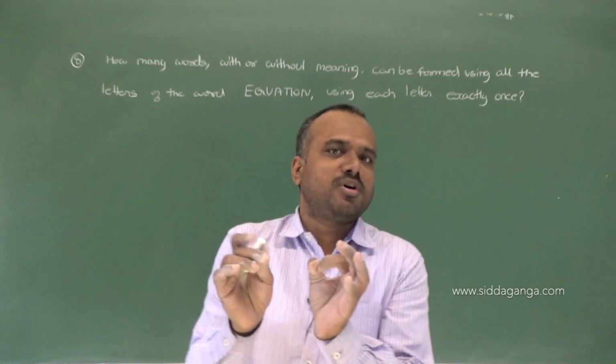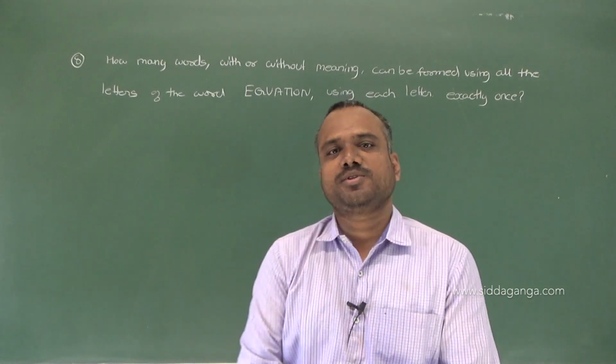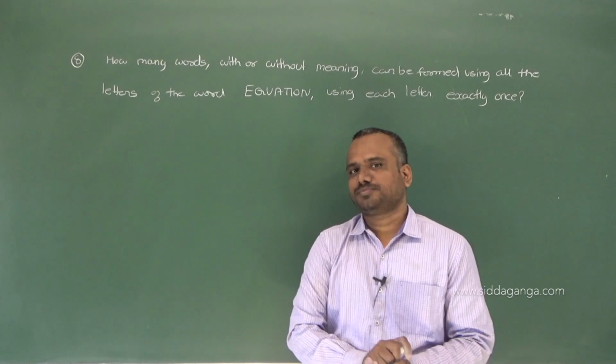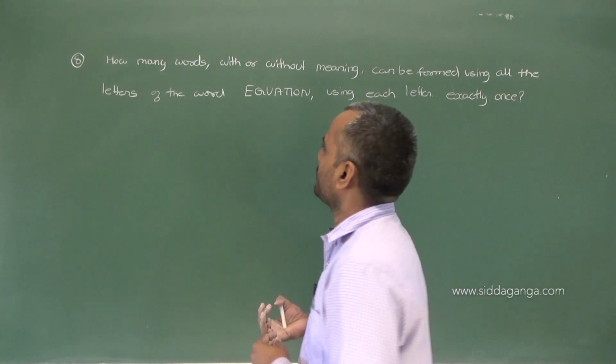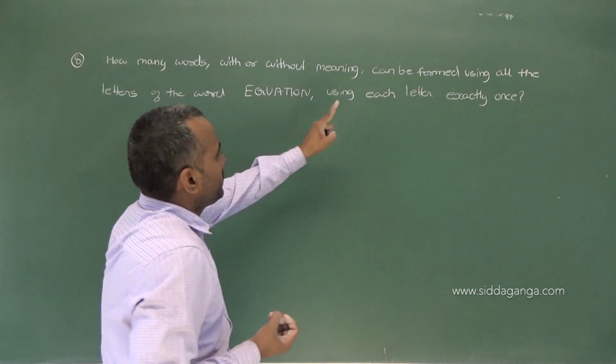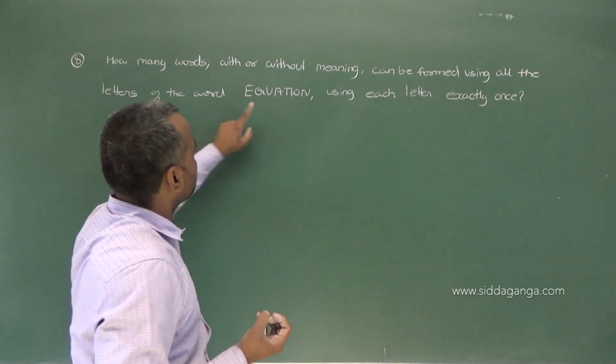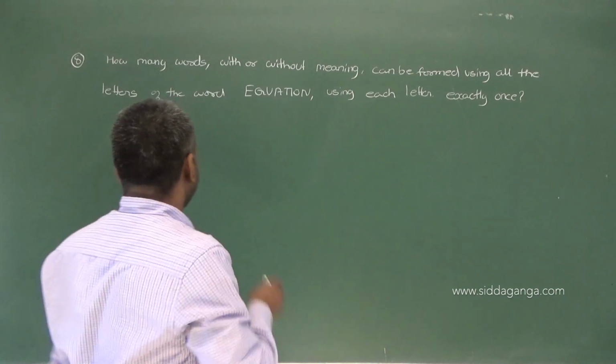This type of problem we solved in the fundamental principle of counting also, correct? So here we use permutation. How many words with or without meaning can be formed using all the letters of the word EQUATION? Solution.